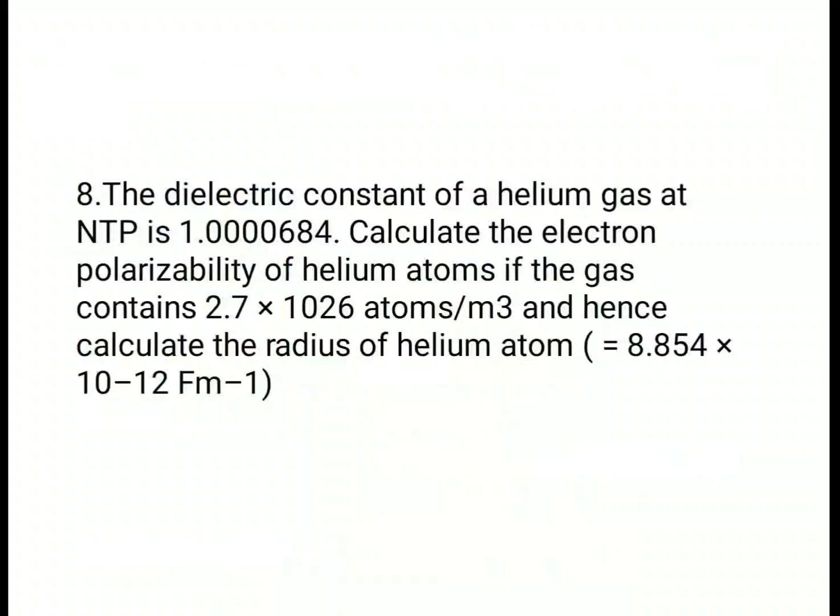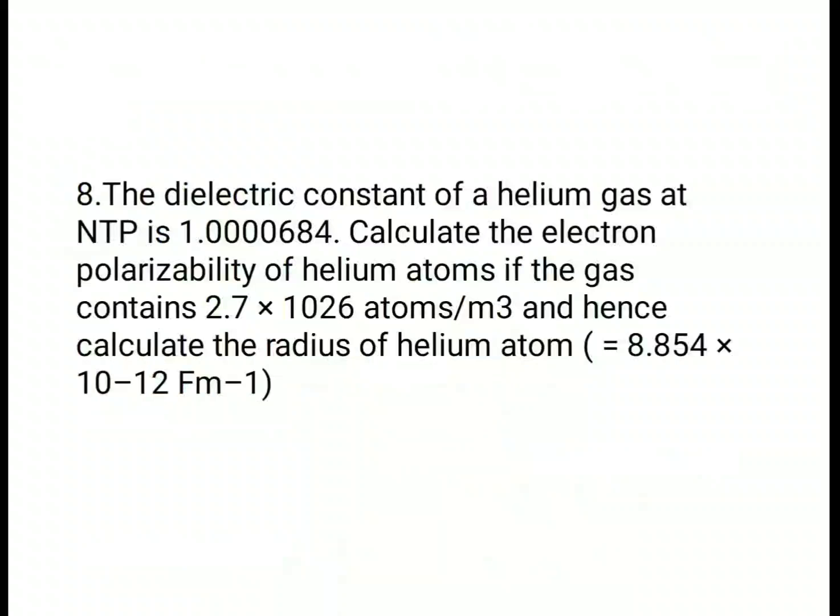Calculate the electronic polarizability of helium atoms if the gas contains 2.7 × 10^26 atoms per meter cube. And also calculate the radius of the helium atom. Here this is the relative permittivity, so it is a constant value.